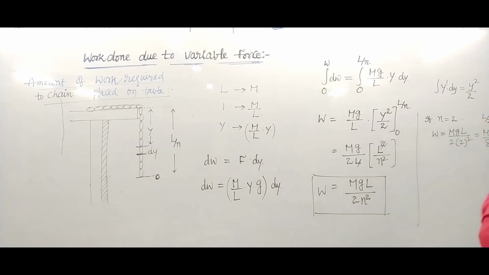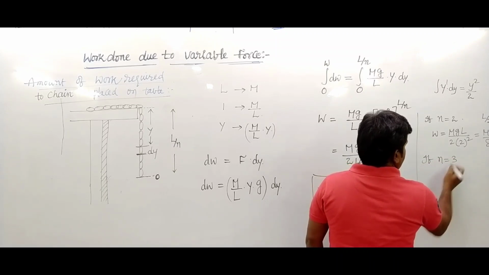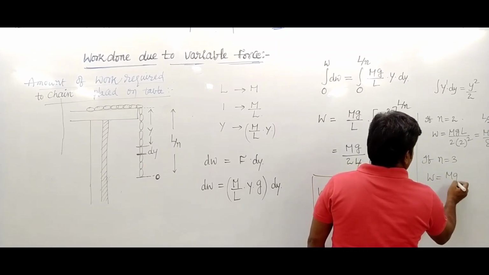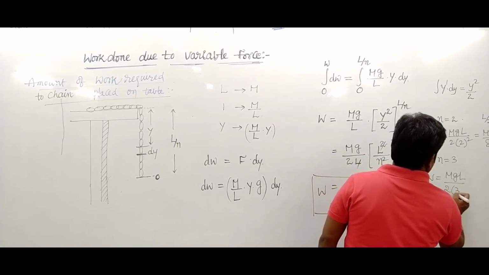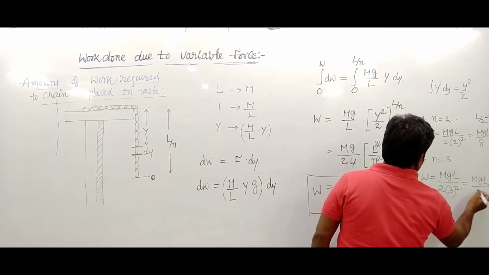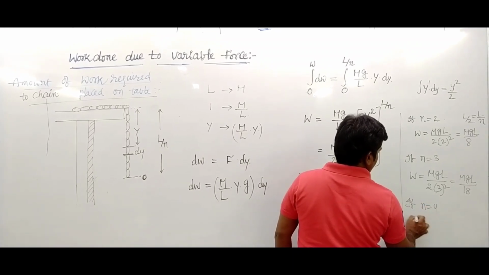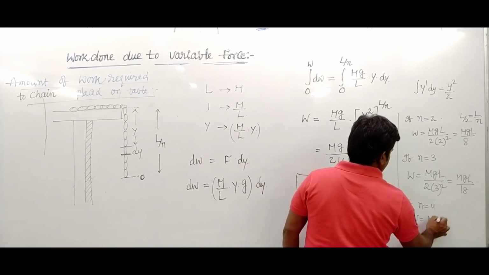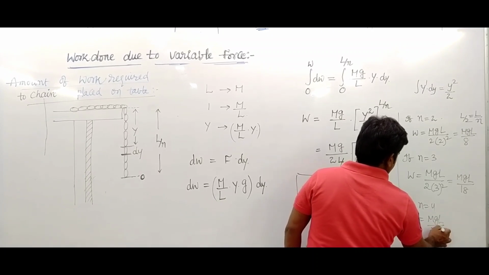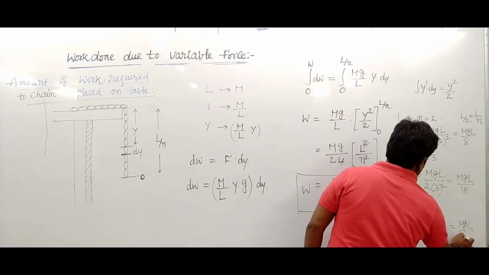If N equals 3, work done equals mgL upon 2 into 3 square, which is mgL upon 18. If N equals 4, W equals mgL upon 2 into 4 square, which is mgL upon 32.